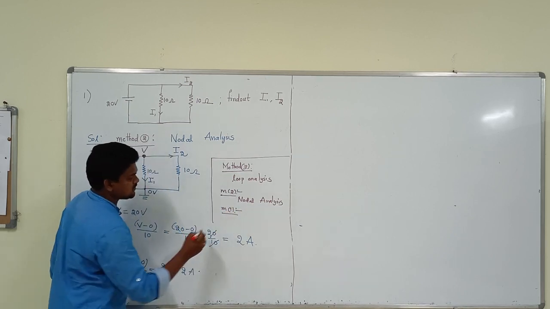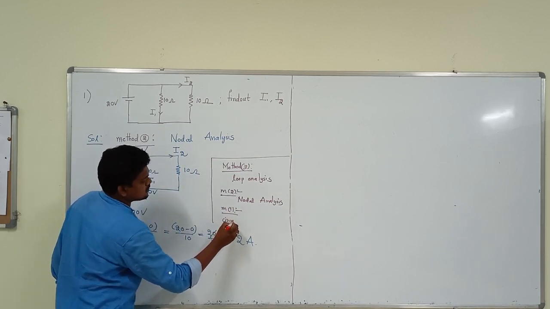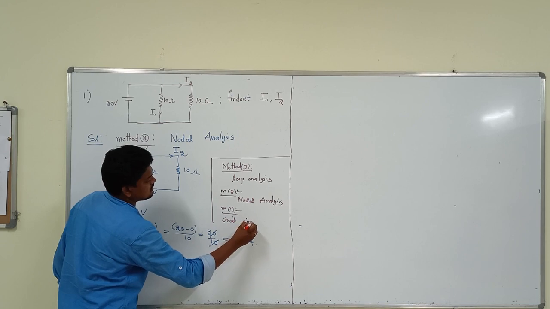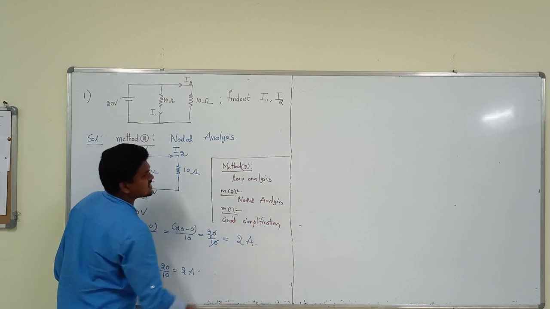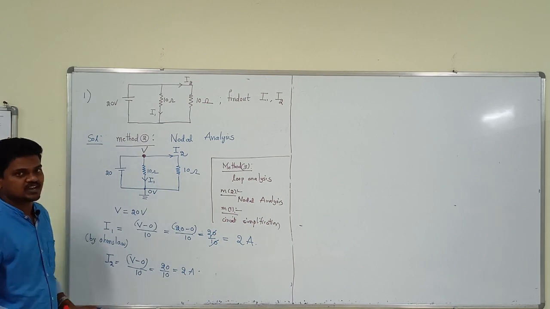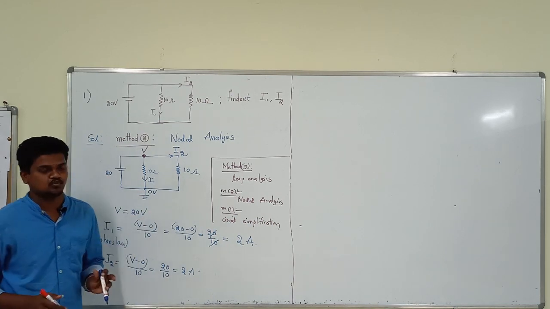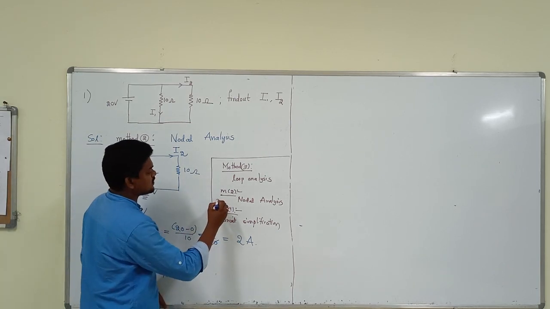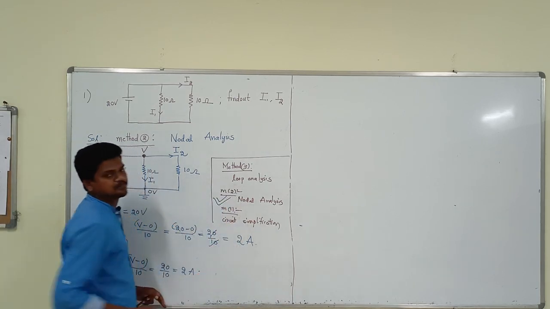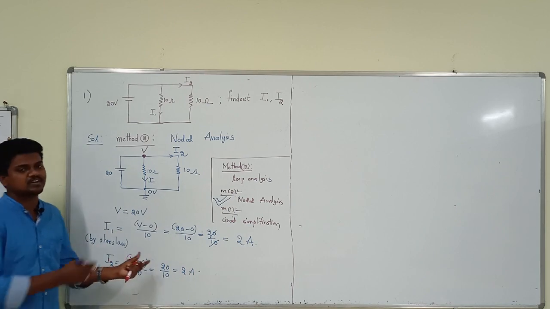Method 1 is simply the circuit simplification method. Circuit simplification means first reducing the resistors and finding the source current, and then applying the current division rule. Of all these methods, my preferred method is nodal analysis, because within 3 steps we complete the problem.